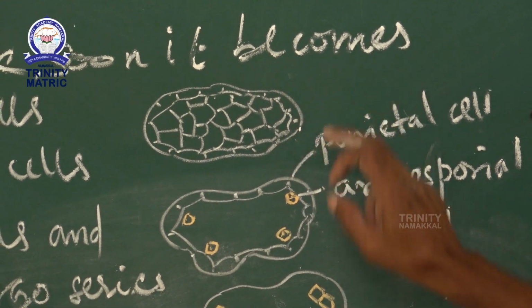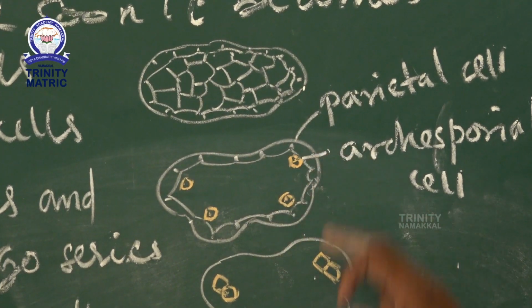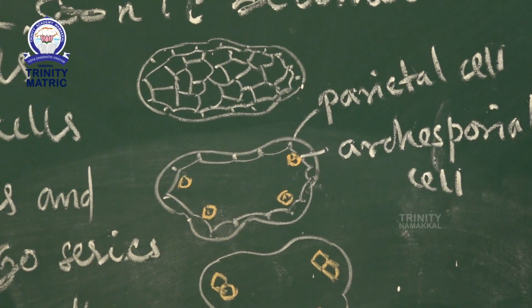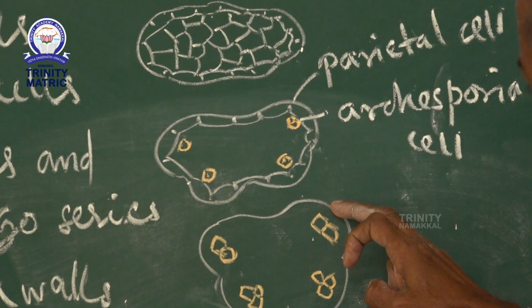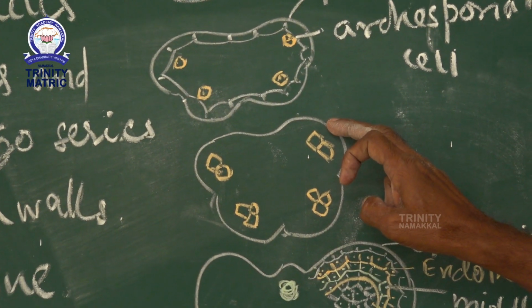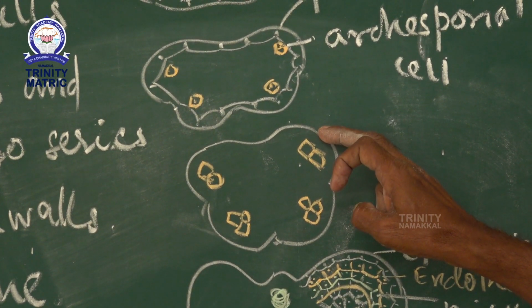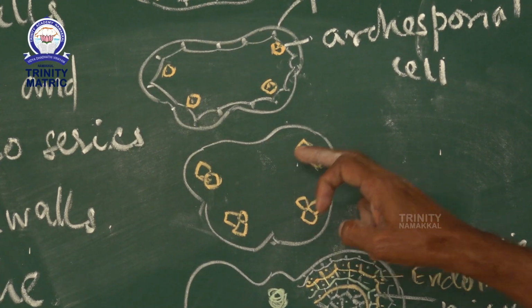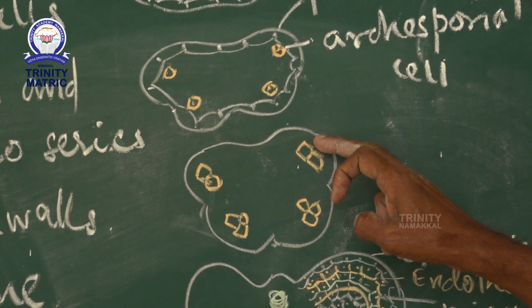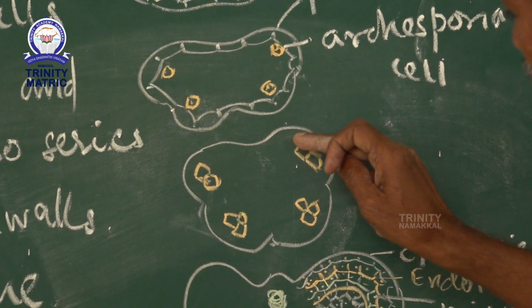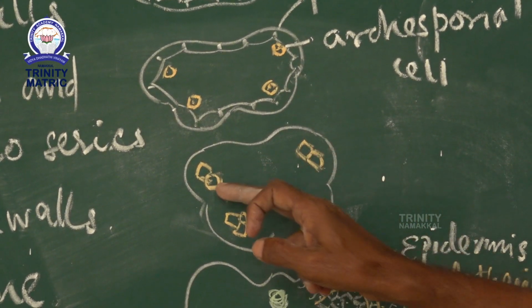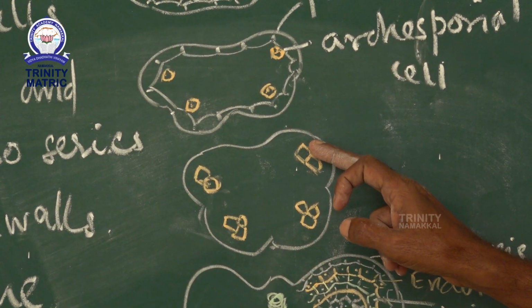Later it becomes four-lobed. Then below each lobe, small cells undergo division. These cells are called hypodermal cells.